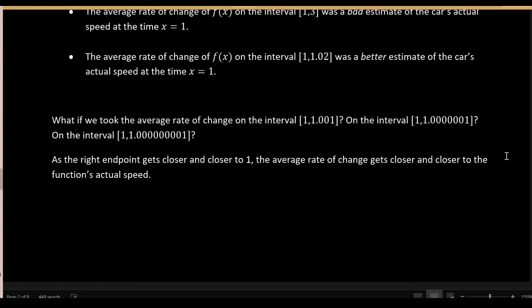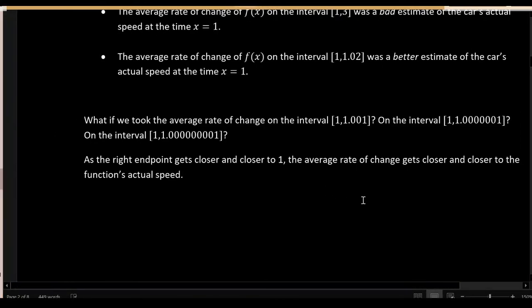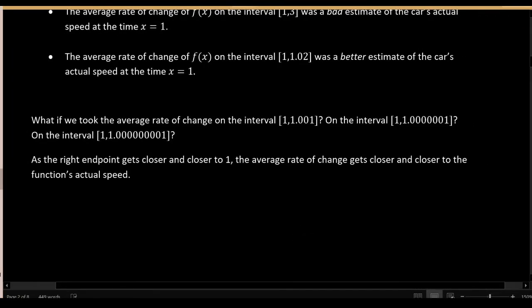So the idea is, I'm going to take an imperfect, a bad, an approximate idea of the car's speed, and I'm going to make that estimate become perfect by taking the average rate of change and moving the right endpoint of the time interval closer and closer and closer to 1.